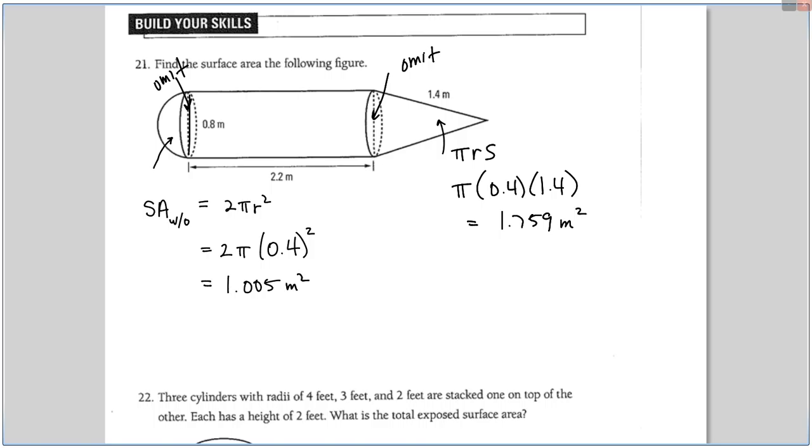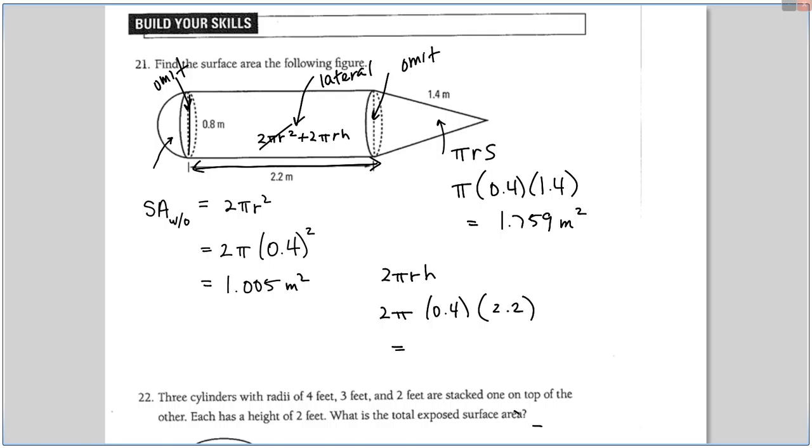And now what's left to do? The lateral part of the cylinder. So that's what we did yesterday. So when you look at the surface area formula on your cylinder, what do you see? 2 pi r squared plus 2 pi rh. What part of that do we omit? Good. You would omit the 2 pi r squared and just use the 2 pi rh. The radius is still 0.4, and the height is this 2.2 distance that goes the whole length.